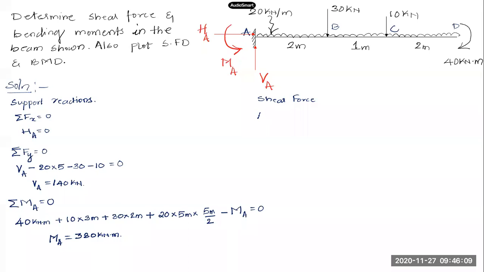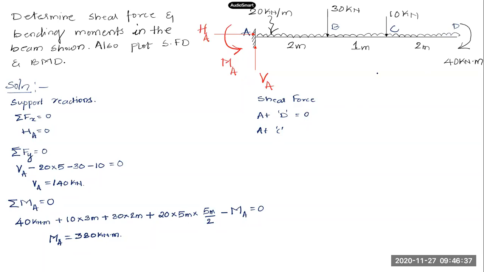So now I'll do the calculations directly at D. What is the shear force at D? At this point, shear force is 0. So shear force at D is equal to 0. Okay, come to point C. I'm taking shear force at C. What is the shear force?